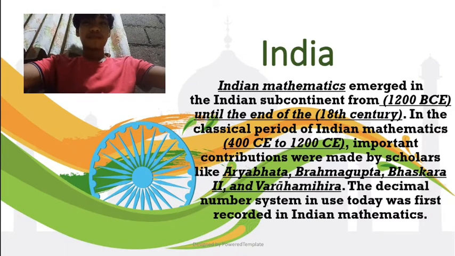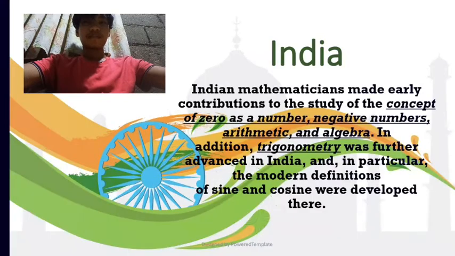The decimal number system in use today was first recorded in Indian mathematics. Indian mathematicians made early contributions to the study of the concept of zero as a number, negative numbers, arithmetic, and algebra.